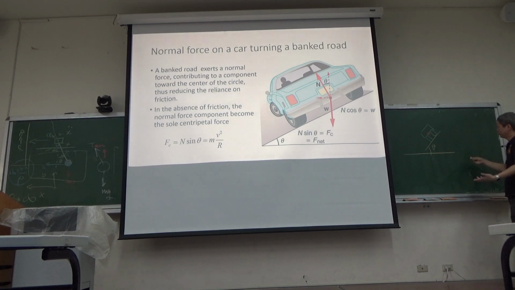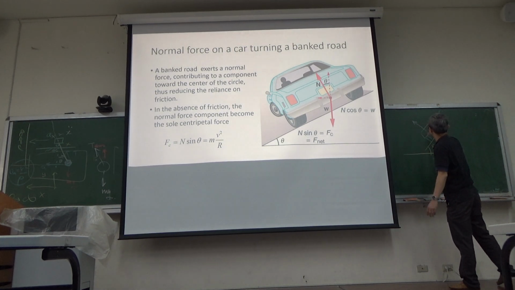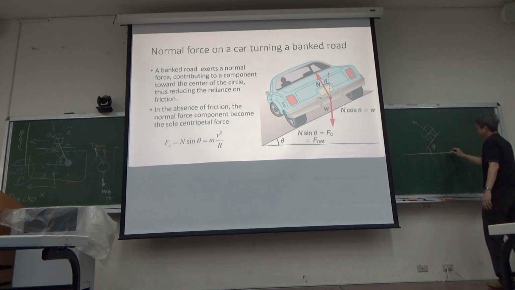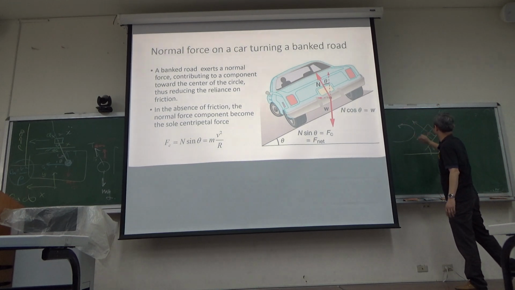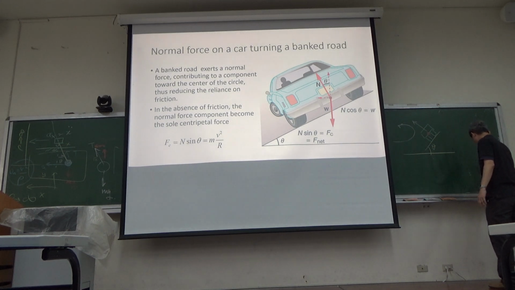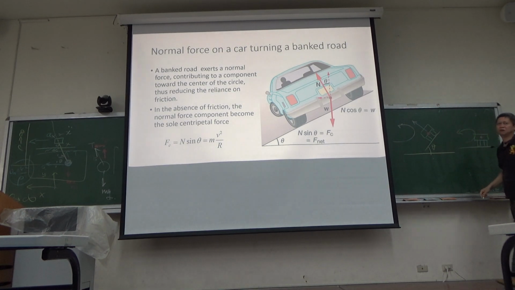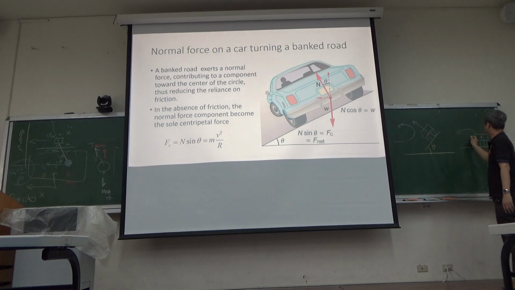So what helps you to do the bank turn? If going around a circle, as we said before, if there is no bank angle and the car is sitting on its own, if you want to go around a circle, there must be a centripetal acceleration, which you can write as v squared over the radius.